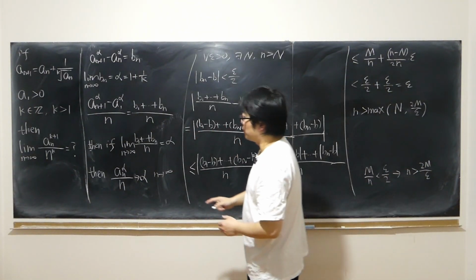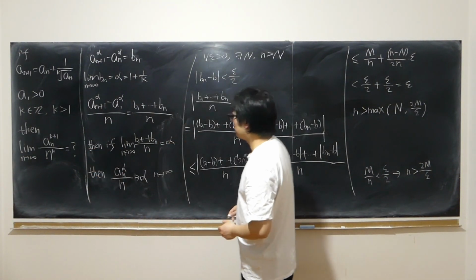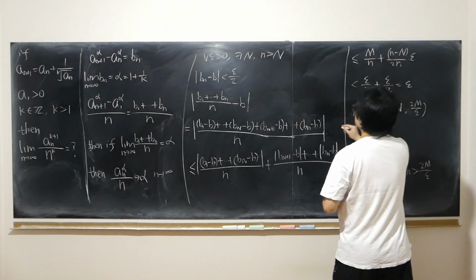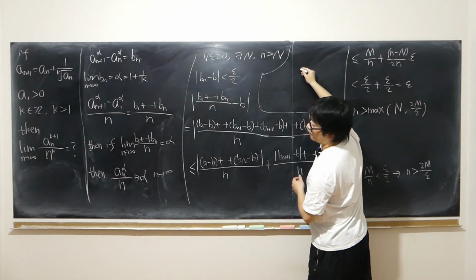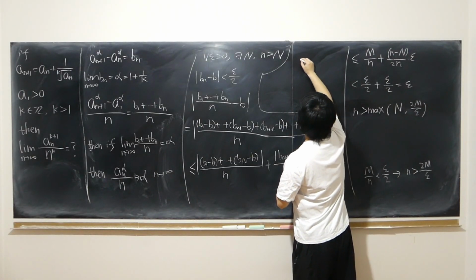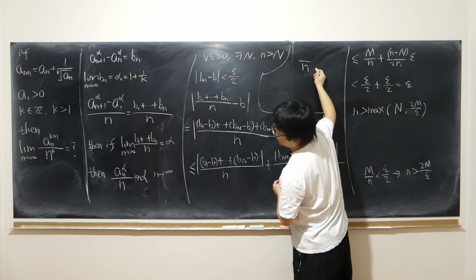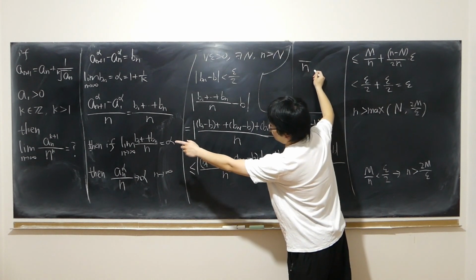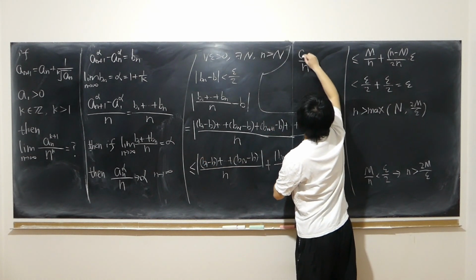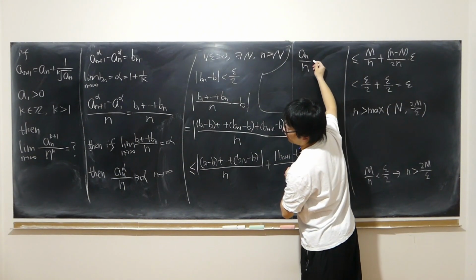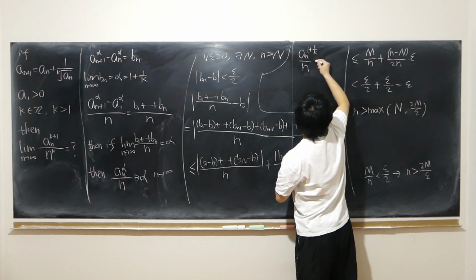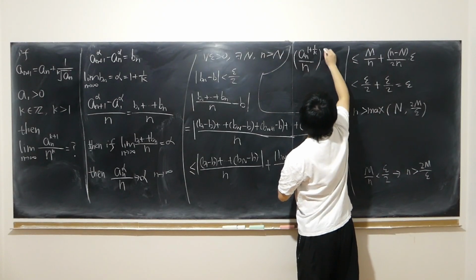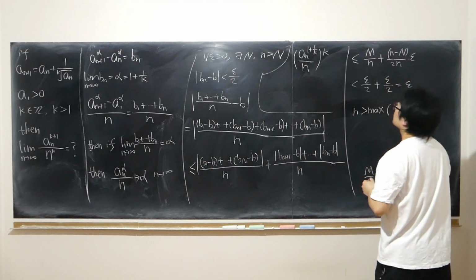So what's that desired limit? The desired limit, first of all, can be written as taking out the kth power, a_n times k plus 1 over k, 1 plus 1 over k, to the power of k.